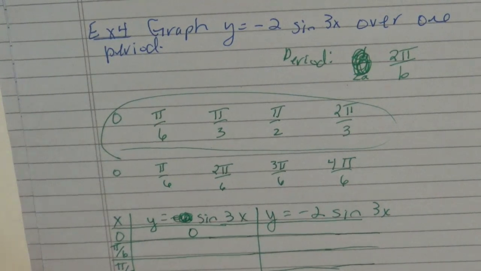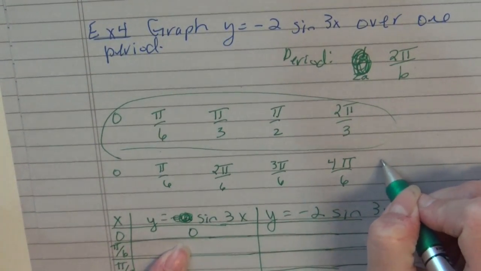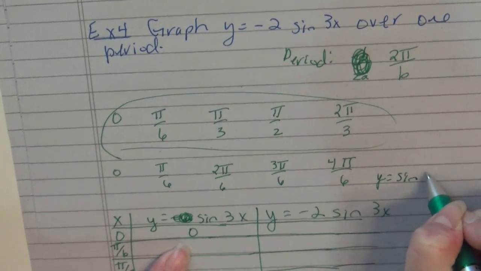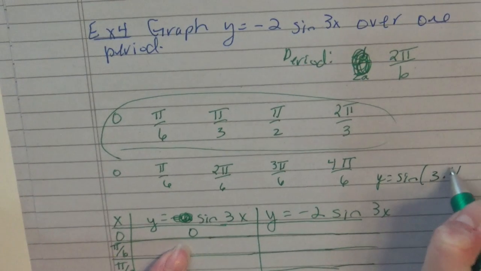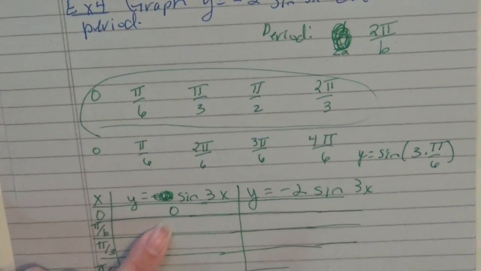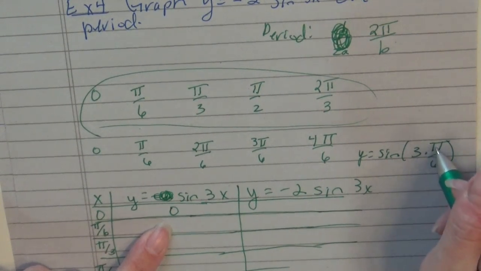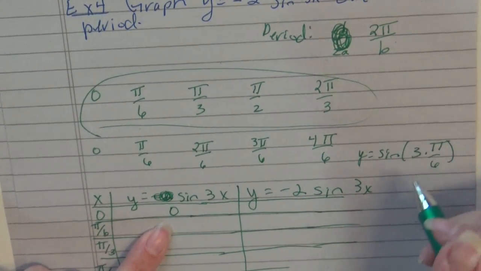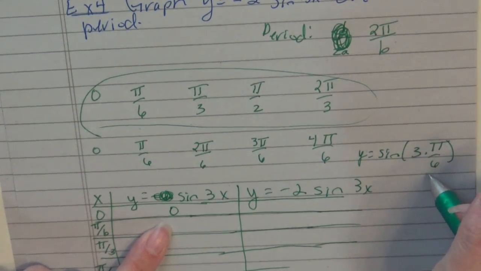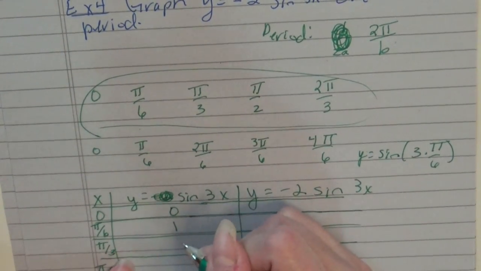If I put in pi over 6 for my x, I'm going to have y equals sine of 3 times pi over 6. That's going to be sine of pi over 2, and sine of pi over 2 gives me 1.